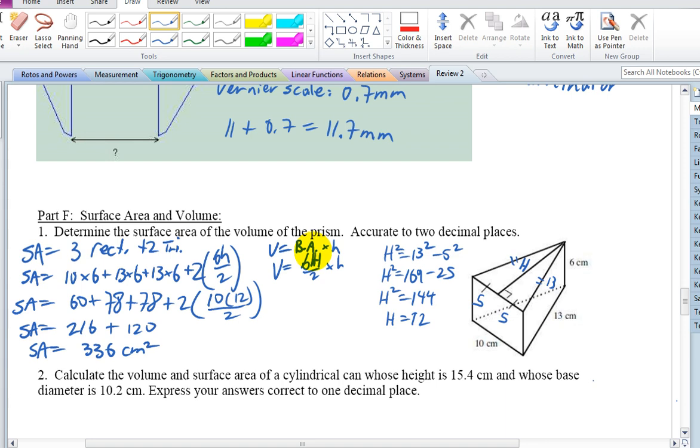You got to be careful. Okay. So we have a triangular height, which is 12. 10 times 12 divided by 2 times the height of the prism, which is 6. Even though it's on its side. So this is going to be 60 times 6. Volume equals 360 centimeters cubed.